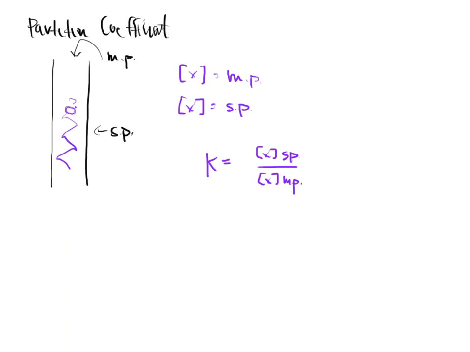We're going to kind of leave this concept as it is right now, and we'll come back to this a little bit later on. As far as equations go, you're probably never going to see an equation that uses partition coefficient. How are you going to calculate the concentration in the stationary phase and the concentration in the mobile phase at any point in time very easily?